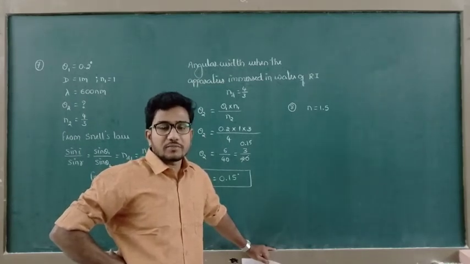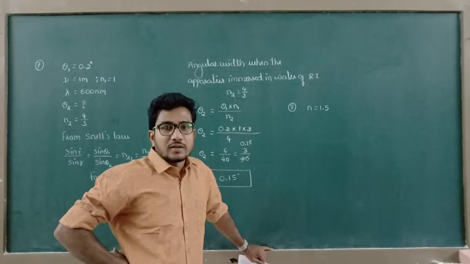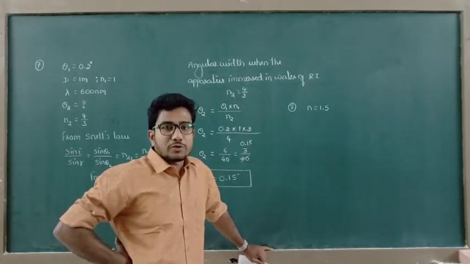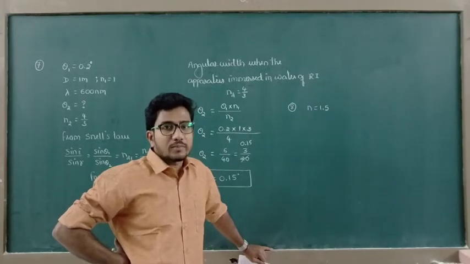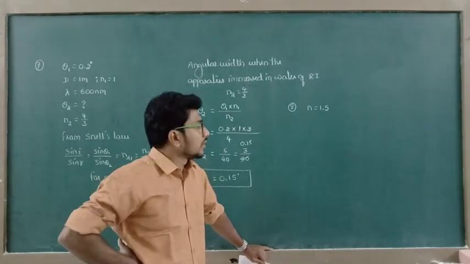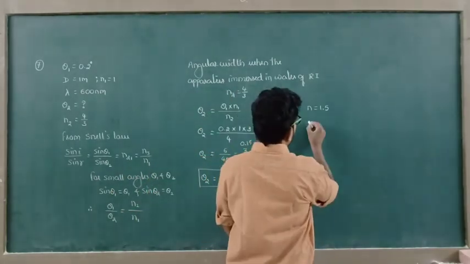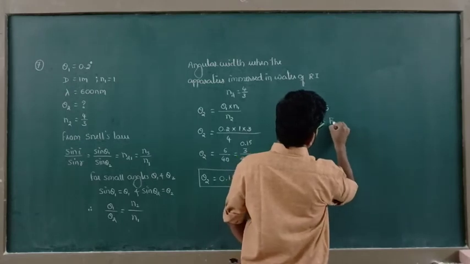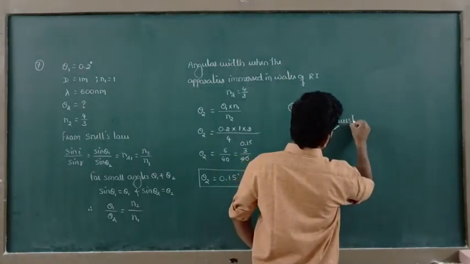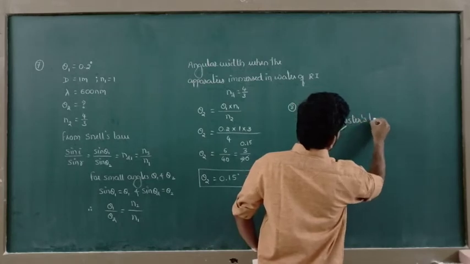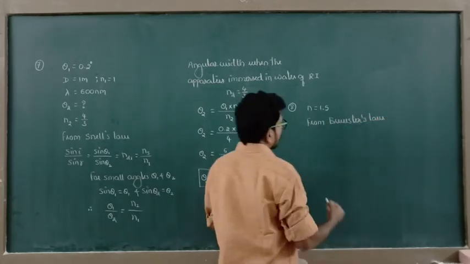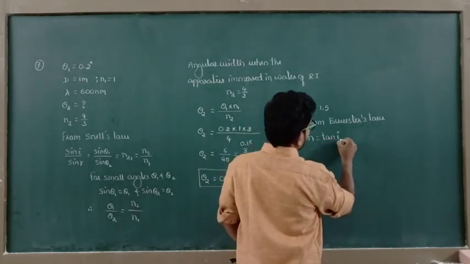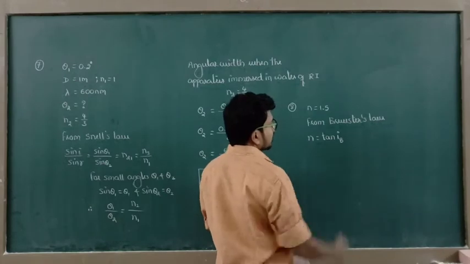We know the expression for Brewster's law, that is, the refractive index of the medium is equal to tangent of the Brewster's angle or polarizing angle. From Brewster's law, we can write n is equal to tan IB. So here IB is nothing but polarizing angle.